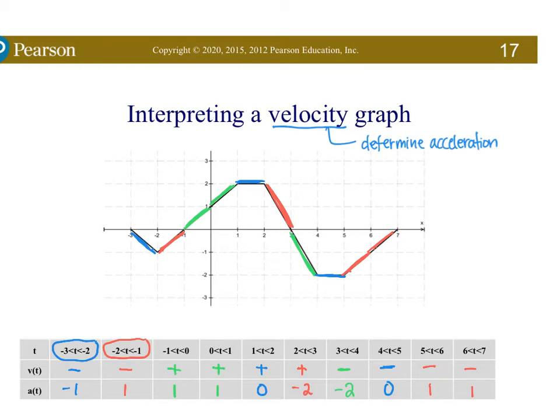So when you're doing two things at the same time, velocity and acceleration, when you're looking at the graph itself, velocity is the graph, you're just going to indicate pluses and minuses. What this does is it helps us with the intermediate value theorem. So let's think back about that.